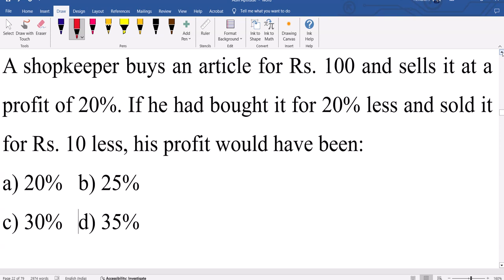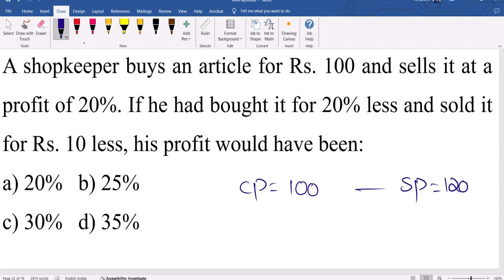Previously, how much you are selling? You purchased previously for how much amount? Initially, you purchased for 100, and you are selling with 20% profit means 120 is your selling price. Now, what they are telling you? You purchased for 20% less, so new cost price is 80.